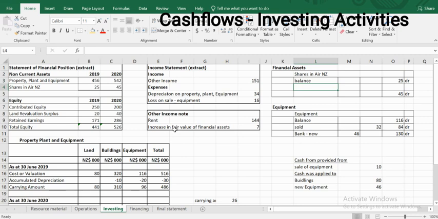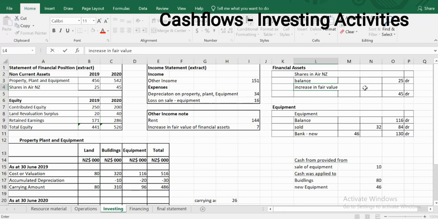Now, I could do one or two things with shares. They, like other non-current assets such as land and buildings, can be revalued. To find out whether they've been revalued, we need to look at the other income section of the income statement. So if I have a look at my note for other income, it does say here there's been an increase in the fair value of financial assets of 7,000. So I've recognised on balance day that these shares in Air New Zealand were worth $7,000 more than they were the previous balance day. So that is a non-cash item here.